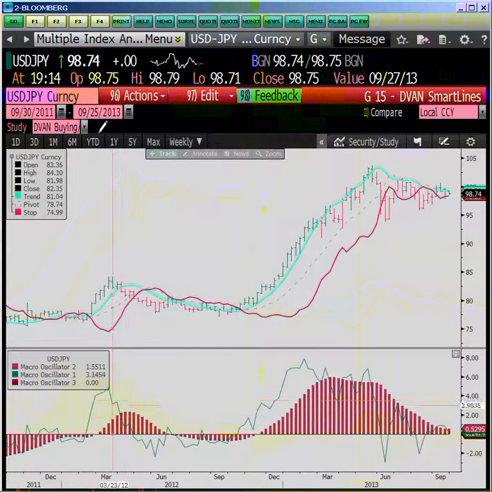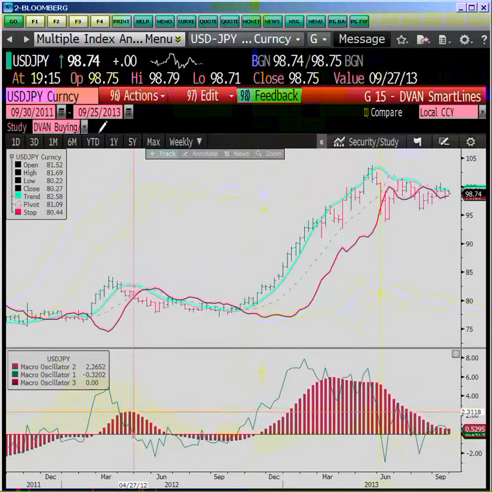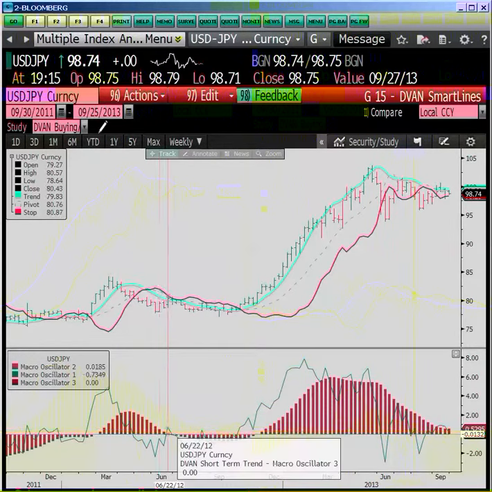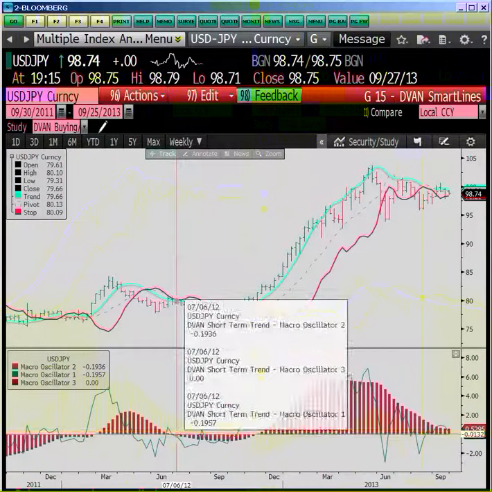Now, that doesn't mean that this is a sell right here or anything. What would mean more of a sell, if you're speculating, is the short-term flow starts to go back down. From right here, the short-term flow goes downward. Right here is the most important point where it goes from positive to negative.